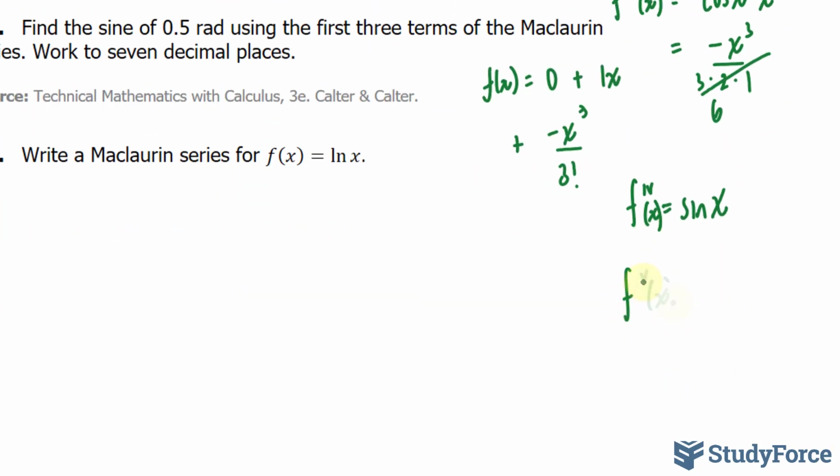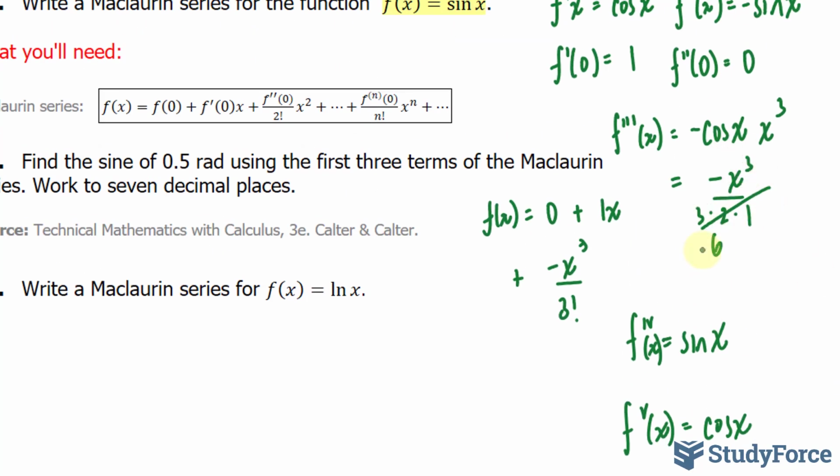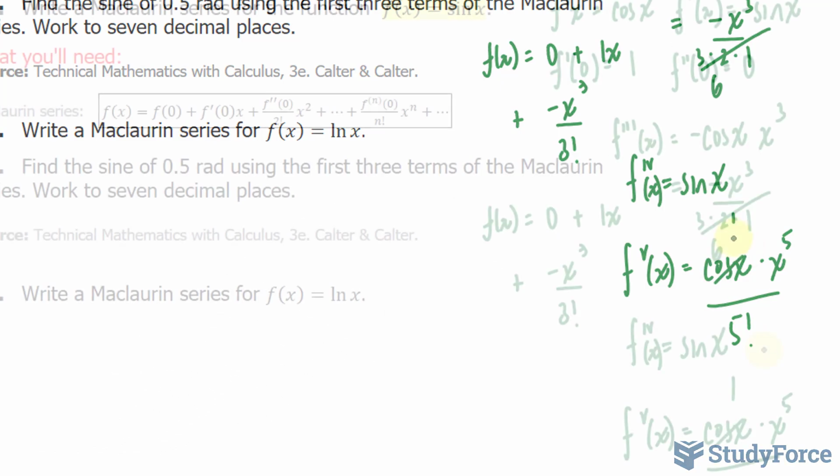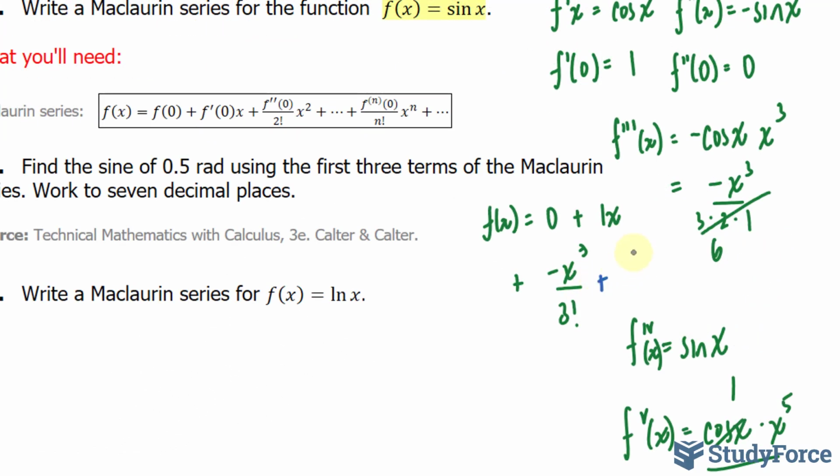The fifth derivative will equal cosine x. This will be multiplied to x to the power of 5, and we'll have 5 factorial at the bottom. Cosine at 0 is equal to 1. So the next term we would have to write is x to the power of 5 over 5 factorial. I'm going to highlight the significant terms that we found, and this would continue, of course. That's the answer to question number 1.